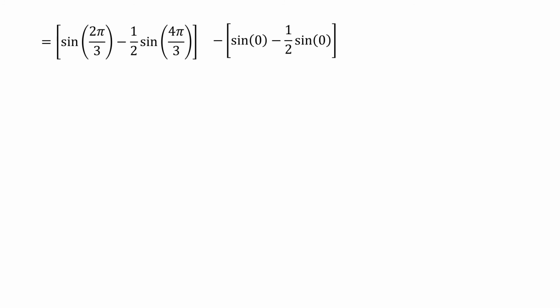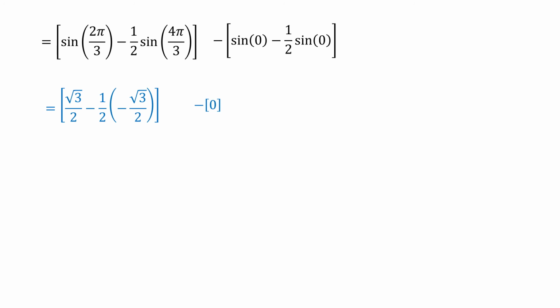Let's evaluate these. The sine of 2 pi over 3 is square root of 3 over 2 minus 1/2 times the sine of 4 pi over 3, which is negative square root of 3 over 2. Then we need to subtract. The sine of 0 is 0, so evaluated, it's just minus 0.